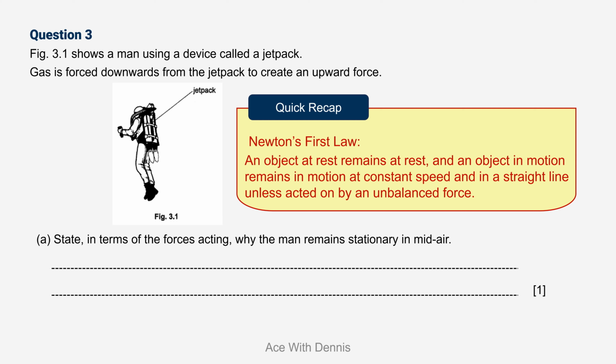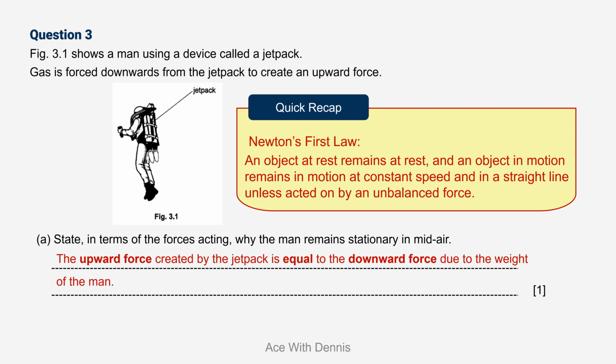This man is stationary, so the resultant force is 0. To answer this question, we can say that the upward force created by the jetpack is equal to the downward force due to the weight of the man. The resultant force is 0, and hence he remains stationary in midair.